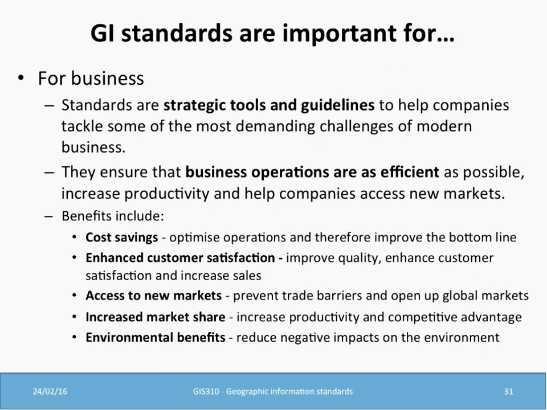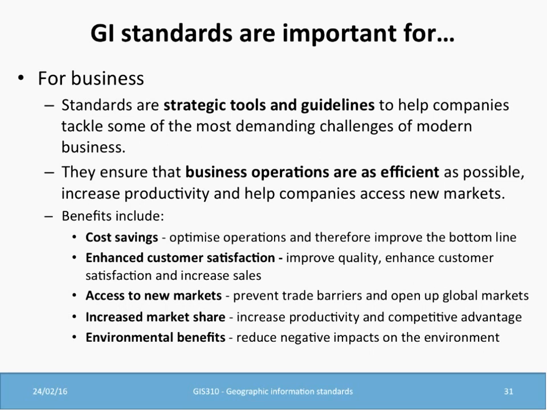Then access to new markets. There are a lot of things that say this prevents trade barriers. I know with fish, there are standards about the temperature at which it needs to be stored when it gets transported to a global market. All these things ensure that you can actually do trade across borders.